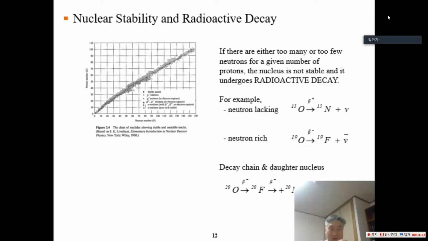So in the heavier nuclide, there are more neutrons than protons, right? This graph shows more neutrons. We call it neutron rich.